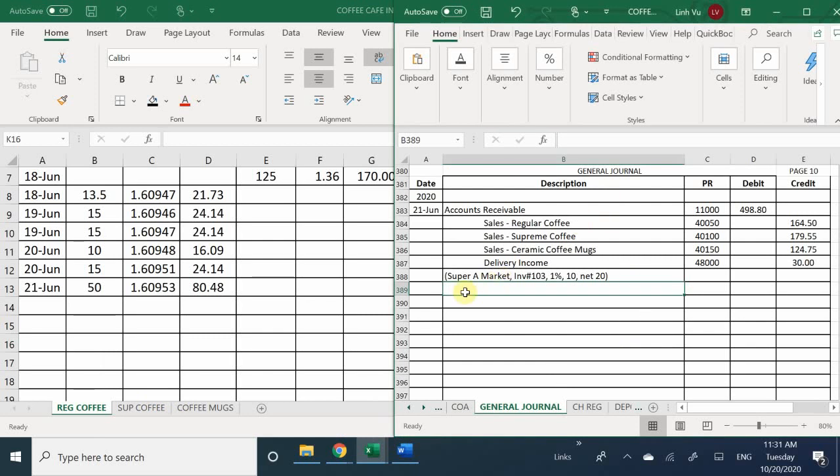So what am I going to place here in my journal? Cost of goods sold. Yes, COGS regular. And we also have COGS Supreme Coffee. And where are we taking it out of?